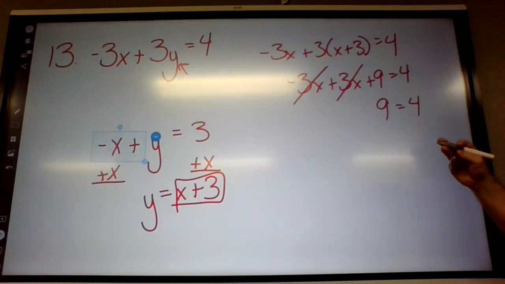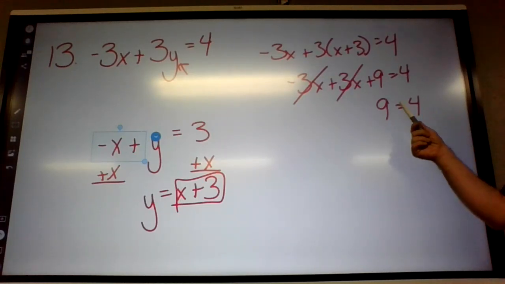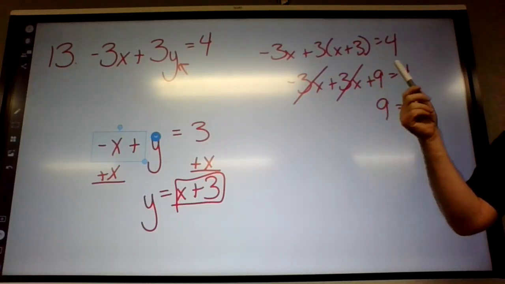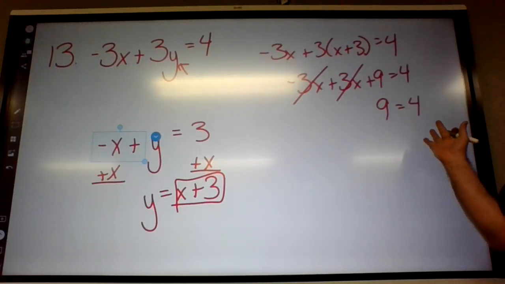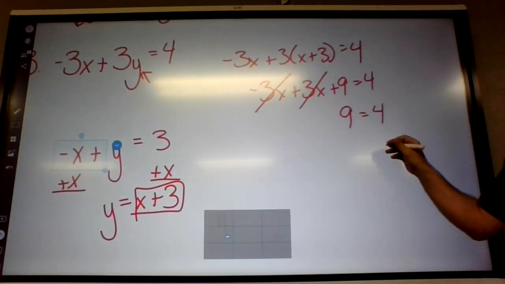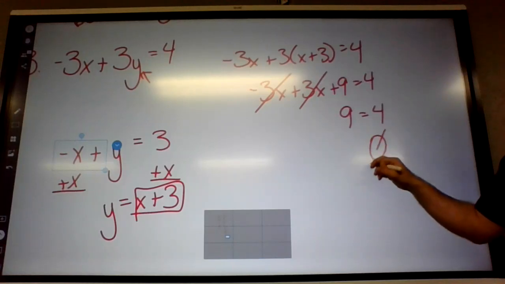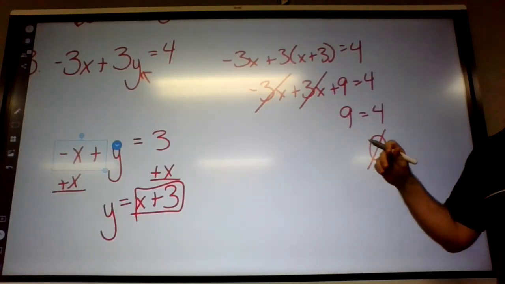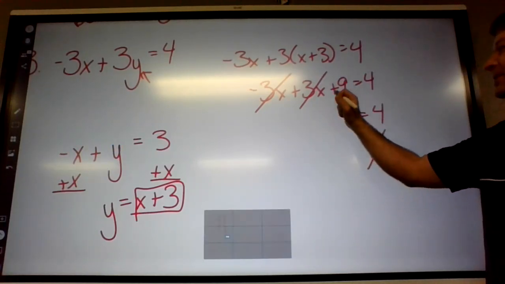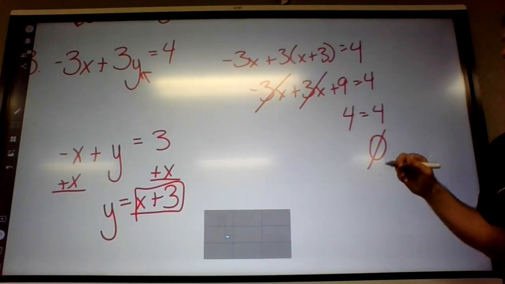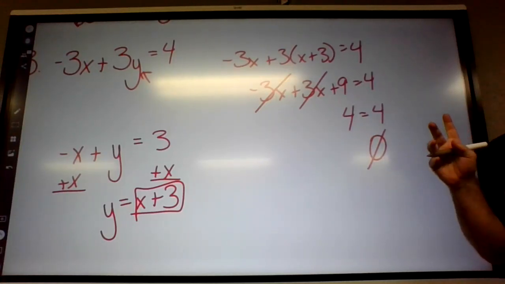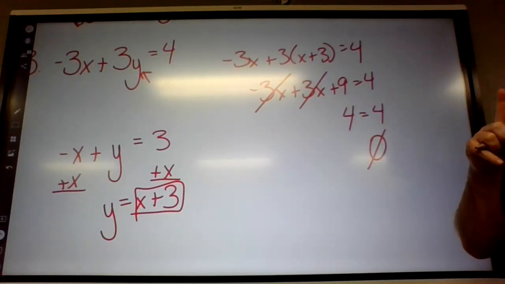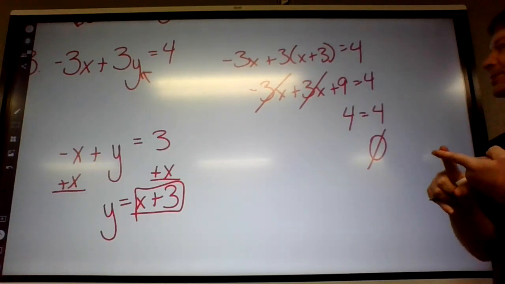What does it mean if we get some nonsense like that? That means there are no x or y values that would work. If it's nonsense, it's no solution. Now if you get something like 4 equals 4, it's not all real numbers, because that only applies to one variable problems.